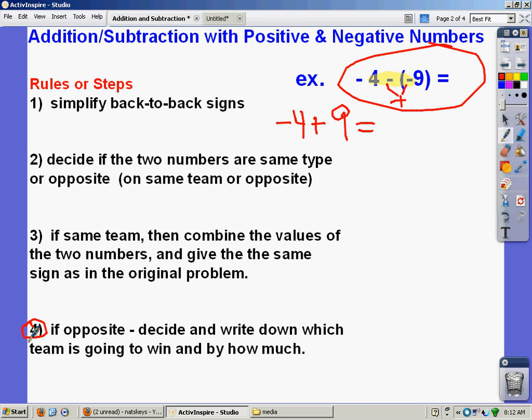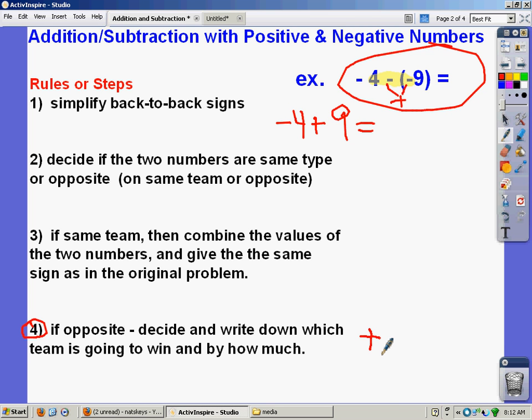We figure out of the 9 and -4, which is the one that's going to win. Since they're opposite teams, they're going to oppose and start fighting it out, if you will. So of the 9 and -4, who's going to be the winning team? Well, clearly it's going to be positive because 9 is a bigger number. So the answer is going to be positive.